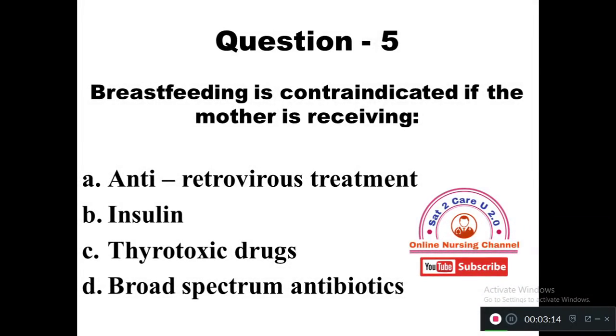Breastfeeding is contraindicated if the mother is receiving option A antiretroviral treatment, B insulin, C thyrotoxic drugs, option D broad spectrum antibiotics. So when is breastfeeding contraindicated?